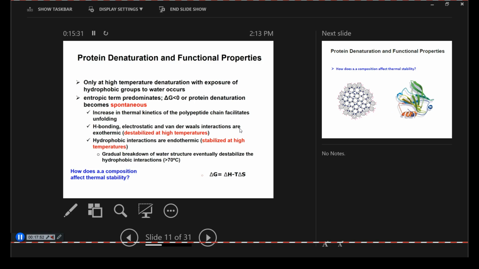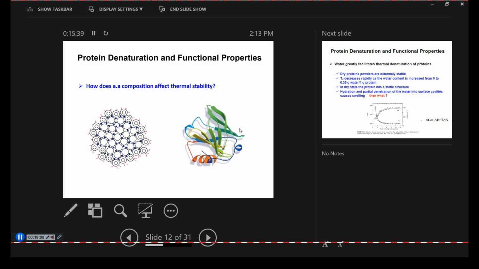And to that effect, I kind of answered some of that by asking, how does amino acid composition affect thermal stability? If we look at these two different proteins here, we have the whey protein and the quaternary structure of casein. If you see the arrows here, do you remember what the arrows indicate in the structure? The sheets.